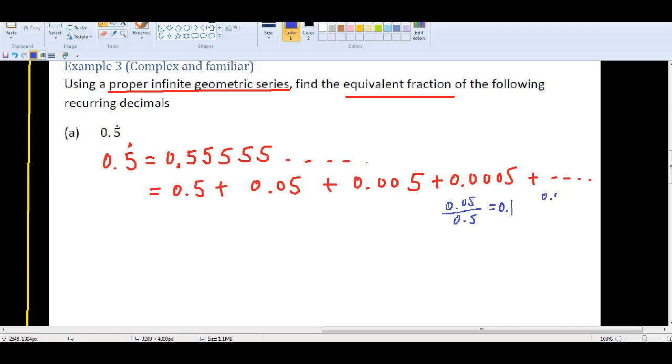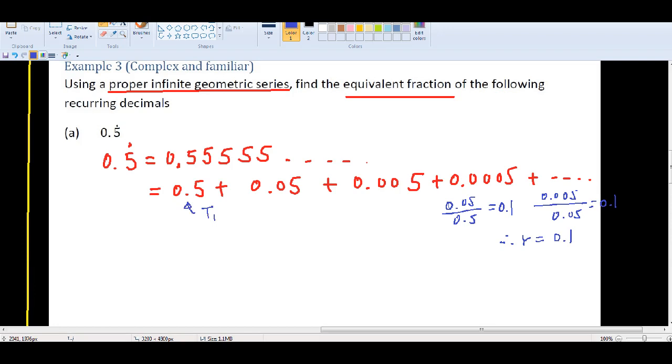But let's check the third term divided by the second term, which is also 0.1. You could see they have a common ratio, which is 0.1. So this is a geometric sequence with common ratio 0.1, and this one becomes the first term.